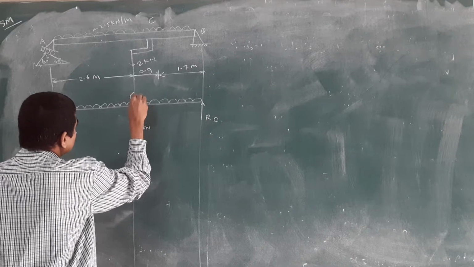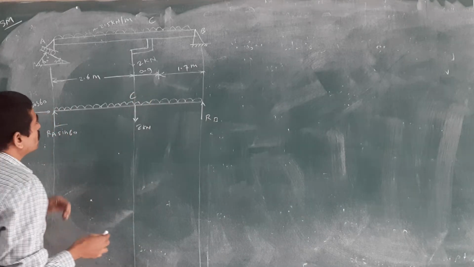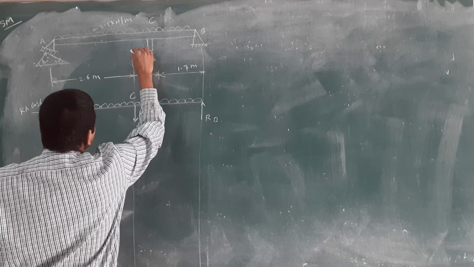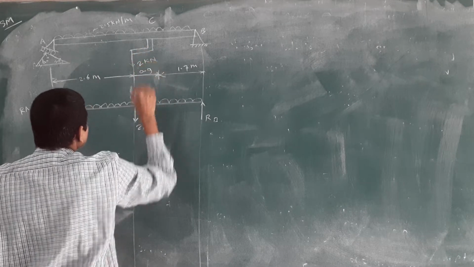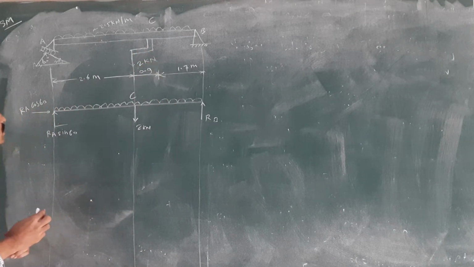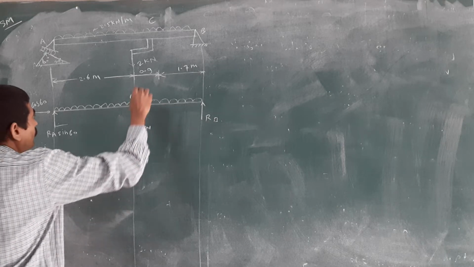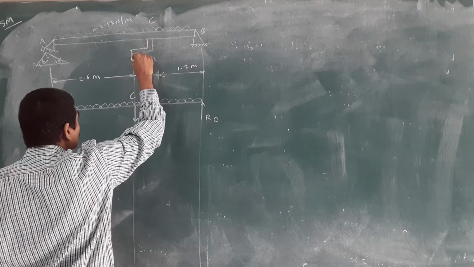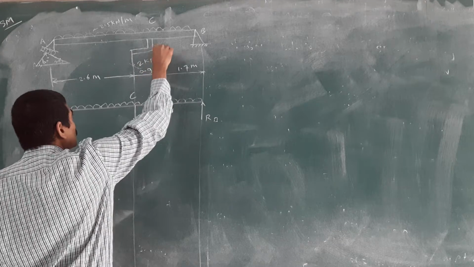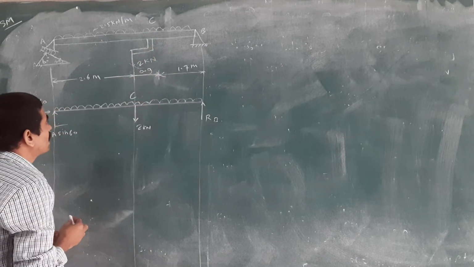At the point C, this 2 kilonewton acts in the downward direction. Then again see how to convert this load, which is going in the anti-clockwise direction. Check that. We are applying this load at the point C going anti-clockwise.